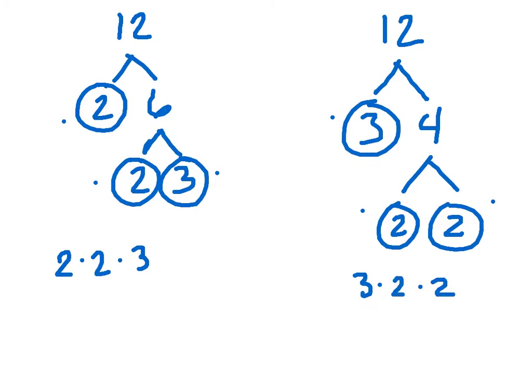But remember, let's go ahead and use exponents. 2 times 2 is the same as saying 2 to the second power, 2 squared, times 3. Over here, we have 3 times 2 to the second power again, because it's just 2 times 2, written with the second power. That's how you can factor things down to their prime factors.